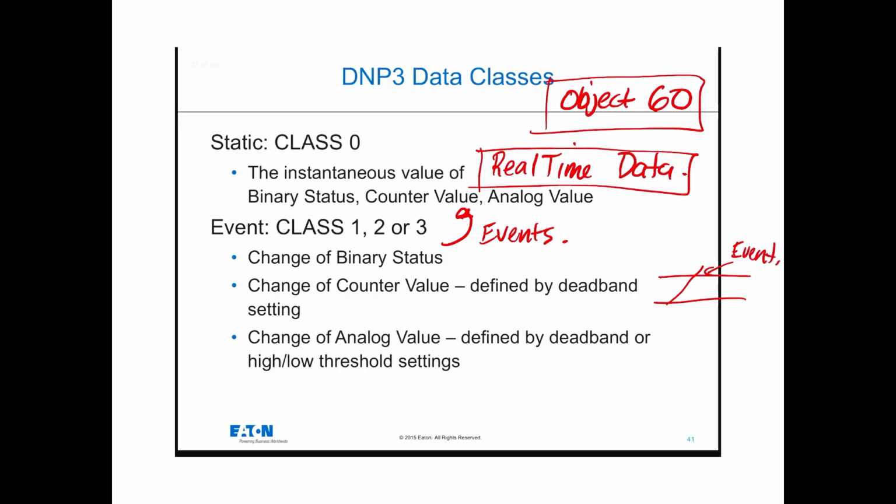When it comes to an analog value, that's a value within a threshold. If the analog stays within that value, everything's good, but it creates an event if it exceeds that threshold or that deadband. So this is really the class data, it's called, that's a very important data object.